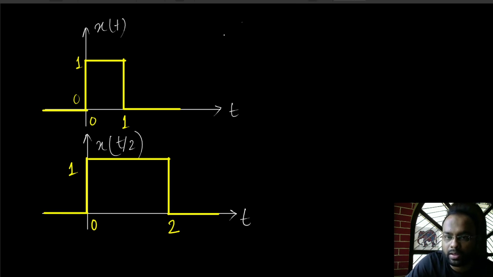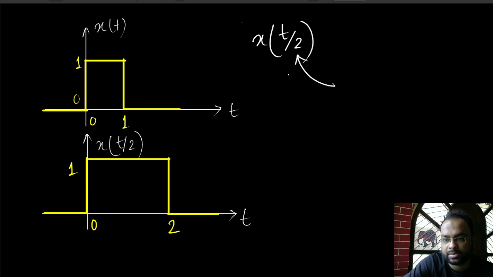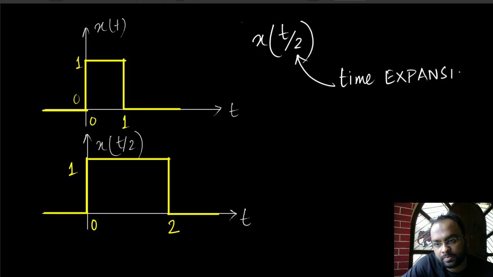So I can say from x, x of t by 2, this by 2 indicates time expansion by a factor of 2.